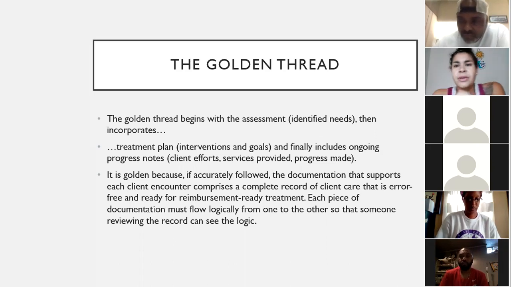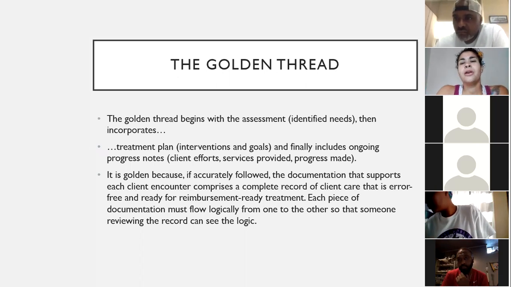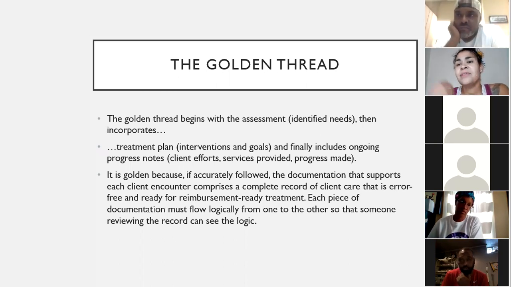In some of my past roles doing chart audits, the major thing I found was that people were writing progress notes and working on interventions and goals that were nowhere in the treatment plan, which is a huge no-no. We'll cover it further as we move into documentation, but basically, if it's not in the treatment plan, you can't do it.